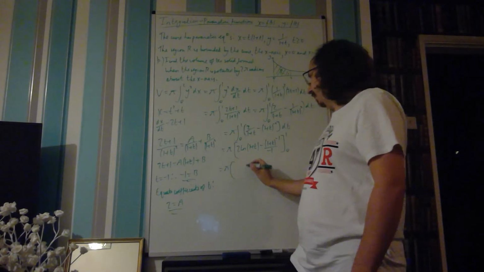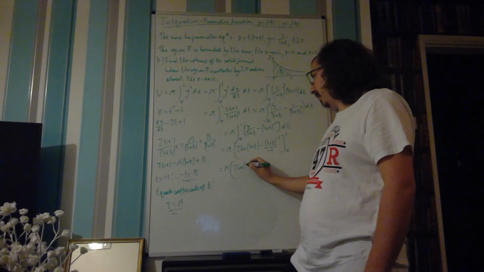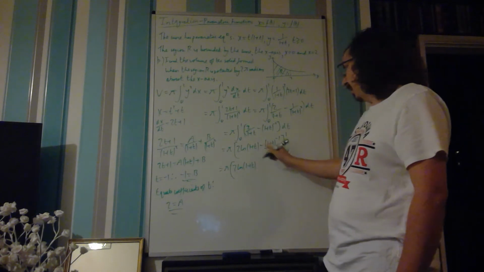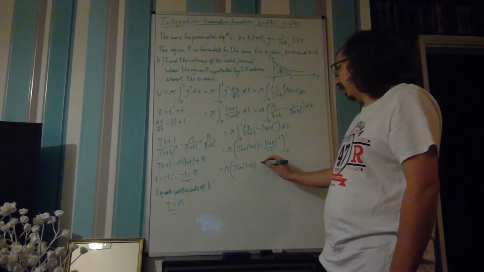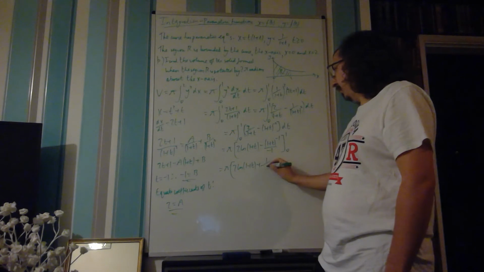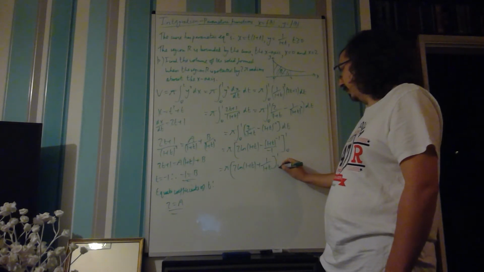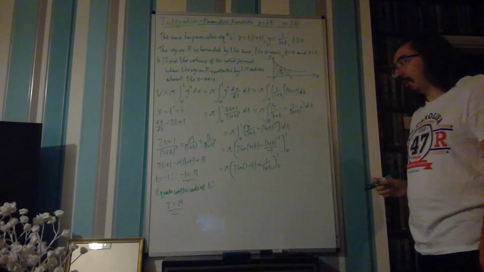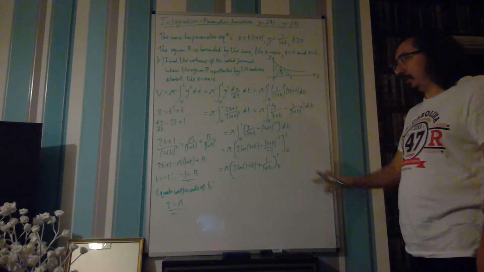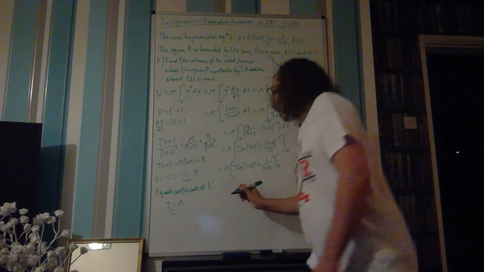Tidying that up a little bit further, we have 2 ln of 1 plus t minus, divided by the minus 1 becomes a plus, and really we have 1 over 1 plus t there between 0 and 1. Then we can substitute in our limits, the upper limit first.